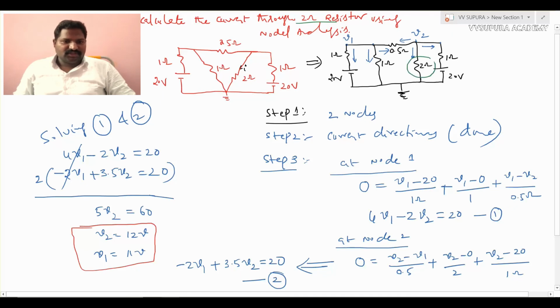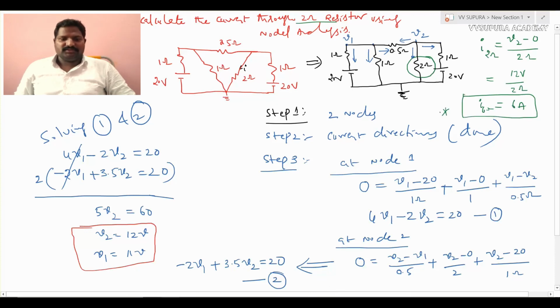So the current flowing through the 2 ohm resistor is (V2 minus 0) by 2 ohms. I calculated V2 as 12 volts, so 12 upon 2 is 6 amperes. The current through the 2 ohm resistor is 6 amperes. This is the final answer.